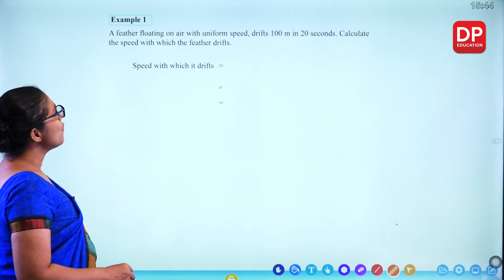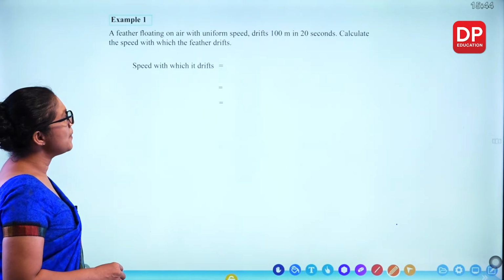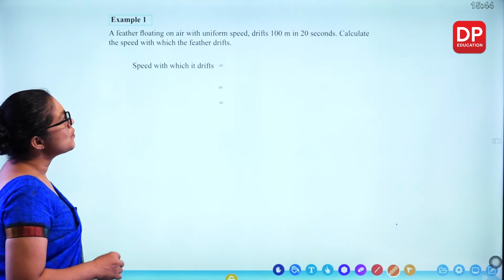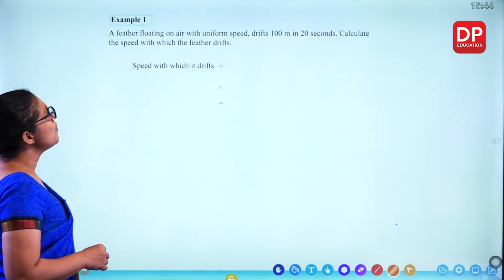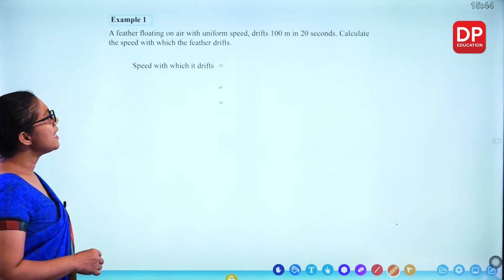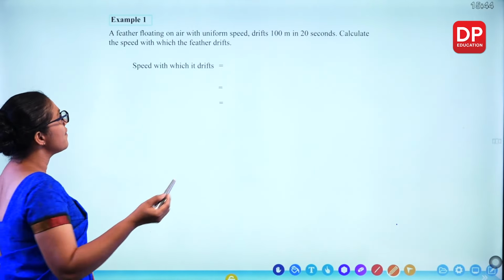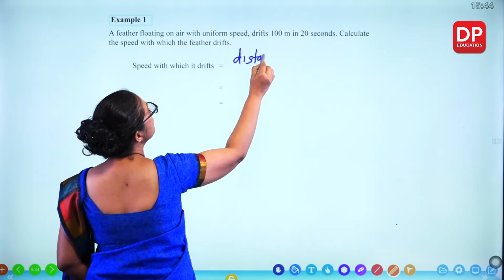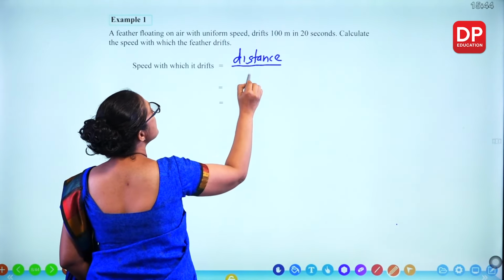Now we look at example 1. A feather floating on air with uniform speed drifts 100 meters in 20 seconds. Calculate the speed with which the feather drifts. Speed with which it drifts, you can write down distance over time.